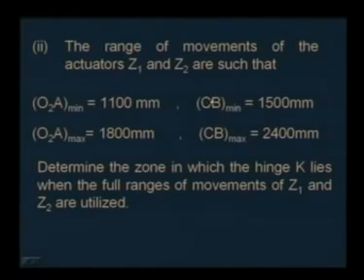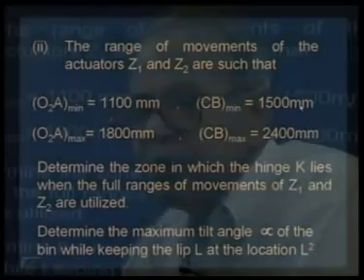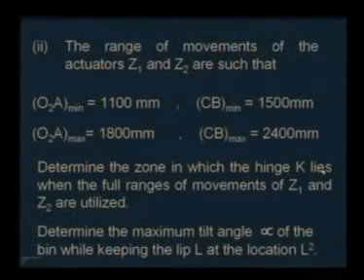Similarly, the movement of the actuator Z2 is such that the maximum distance between C and B, CB max, is 2400 millimeter and minimum CB is 1500 millimeter. The question is, determine the zone in which the hinge K lies when the full ranges of movements of Z1 and Z2 are utilized.